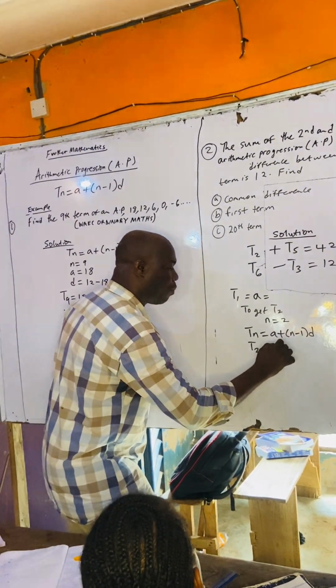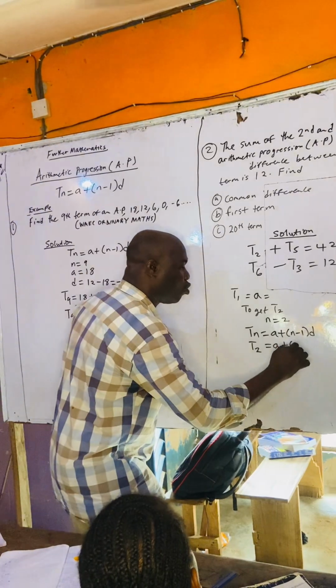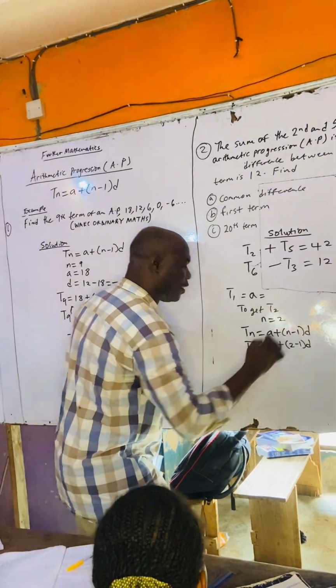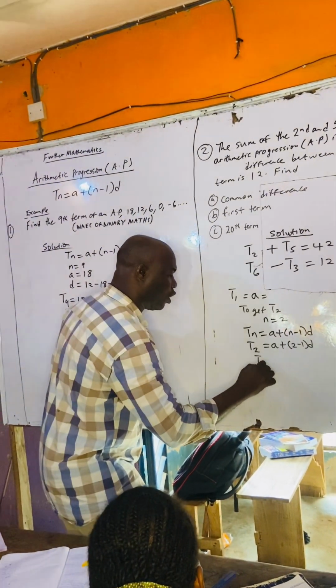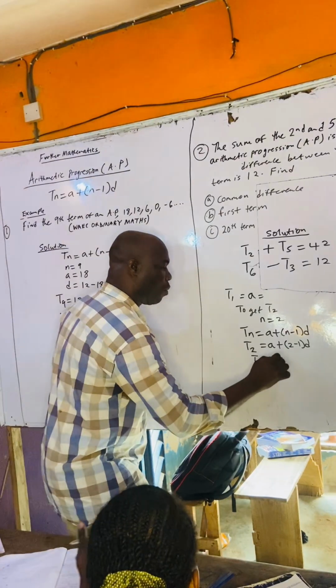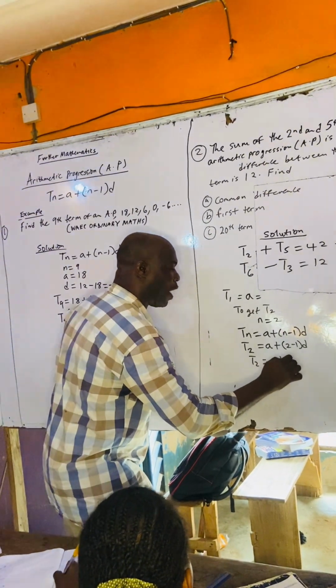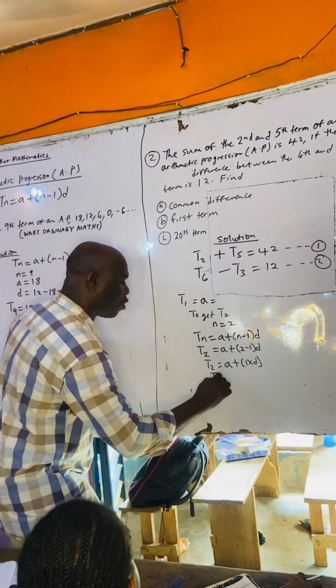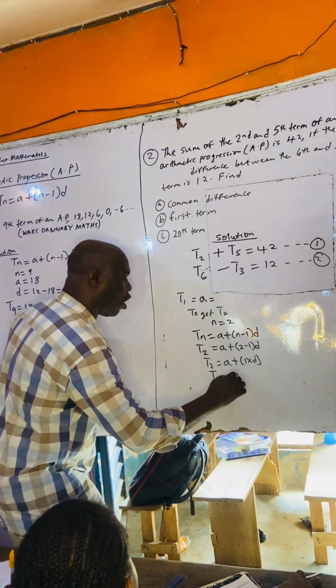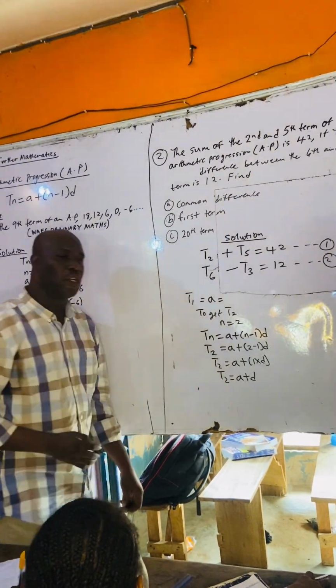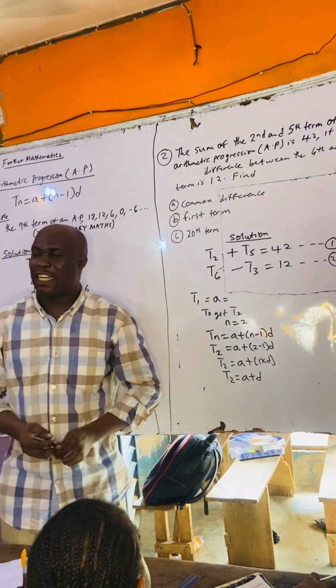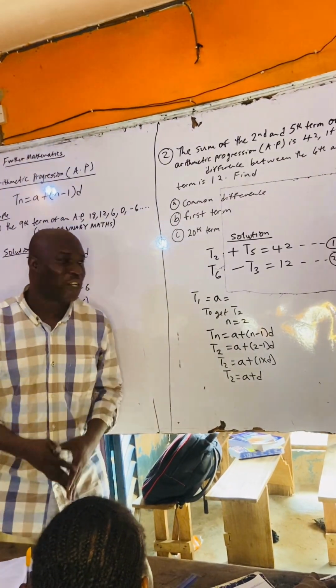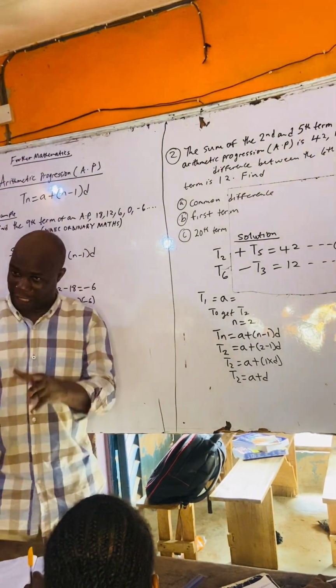No. Plus 2 minus 1 bracket d. So this is T2 equal to a plus 2 minus 1, 1. It means 1 times d. So you have T2 equal to a plus d. Do you understand now? Your second term is a plus d.